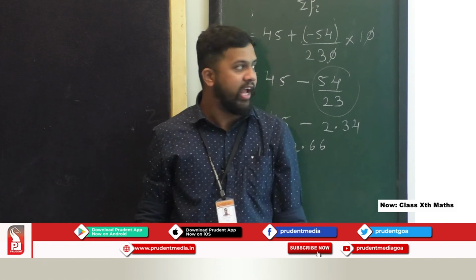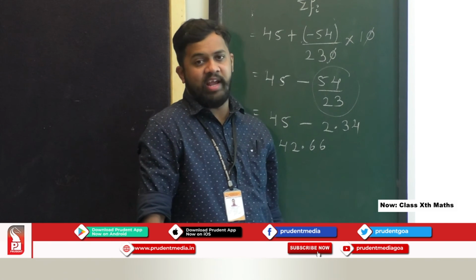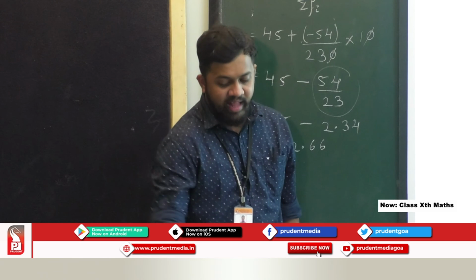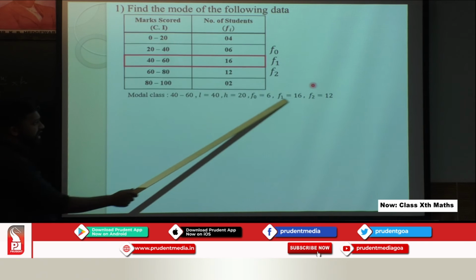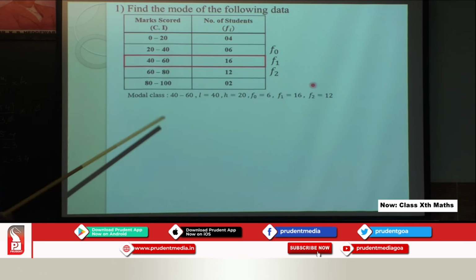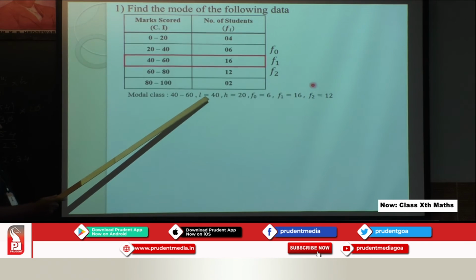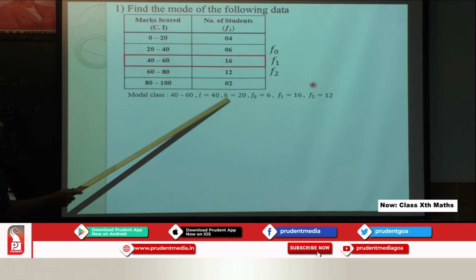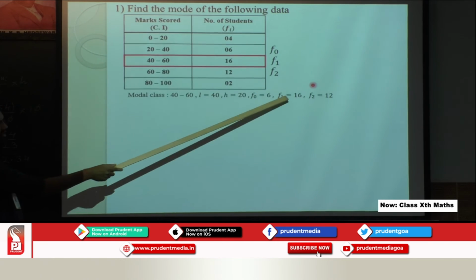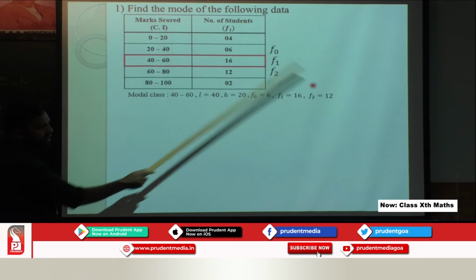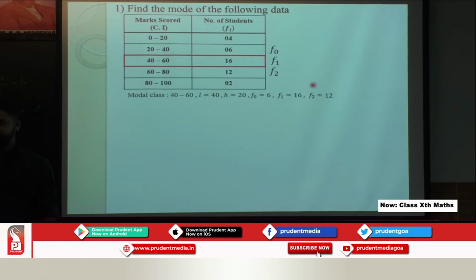I have labeled F0, F1, F2. Then we'll write everything we require in the formula. Please write this in the exam also. We get marks for writing this part. We will write modal class 40 to 60, lower limit 40, h, subtracting these two numbers, 20, F0 above 6, F1 16, F2 12. So all your requirements are ready.